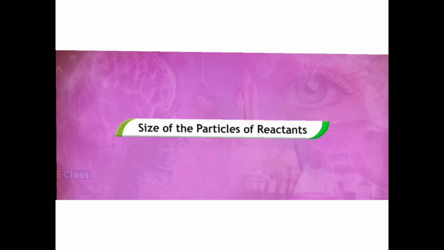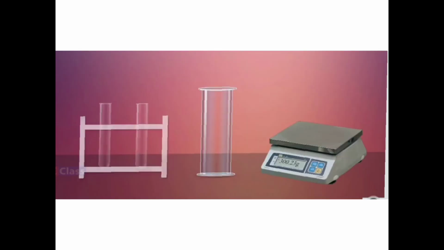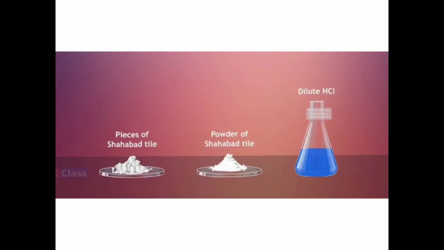Now the second thing is the size of the particles of the reactant. Here we are going to take the example of a piece of Shahabad stone and Shahabad tile powder. We take one in the form of crystals and another in the form of powder. You need two test tubes, a measuring cylinder and a balance. Here you observe the piece of tile and here you have the powder form, and you take dilute hydrochloric acid.